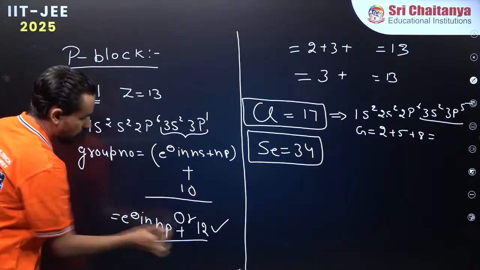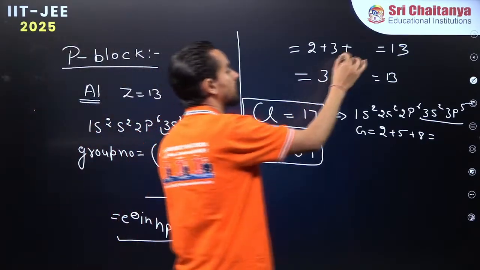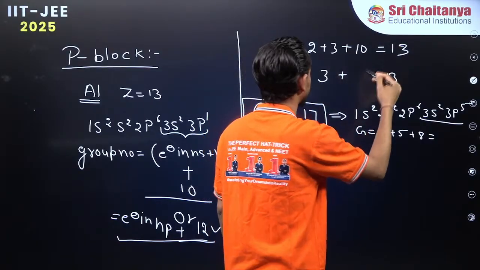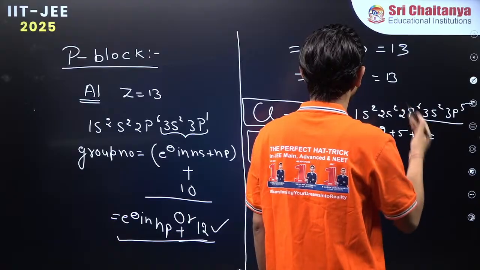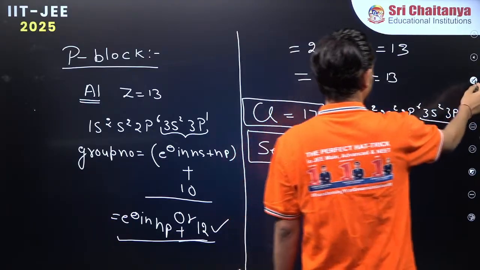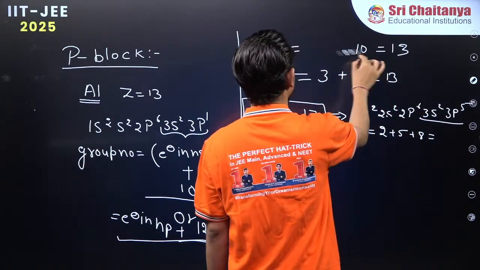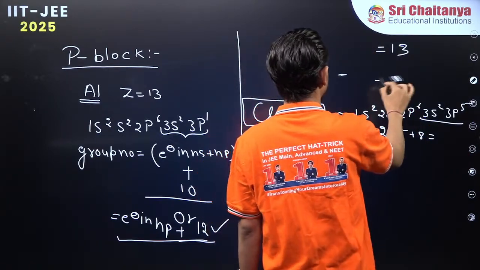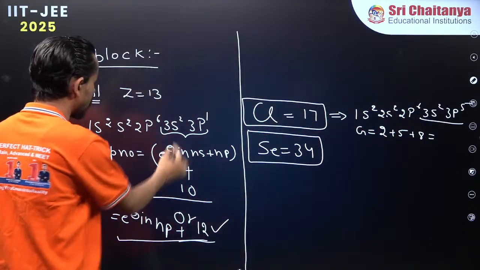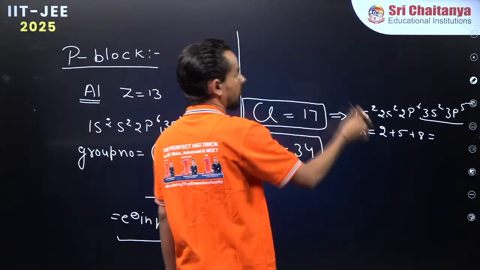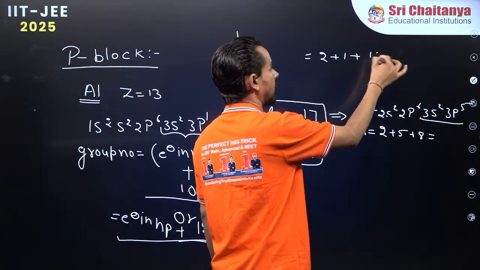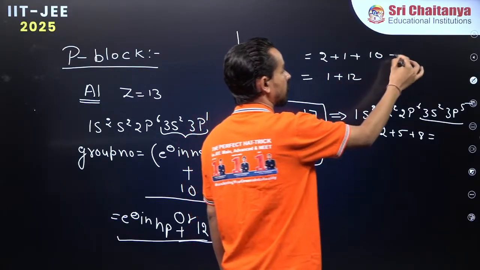So for aluminium, it will be 2 plus 1 plus 10, or 1 plus 12, that is 13.